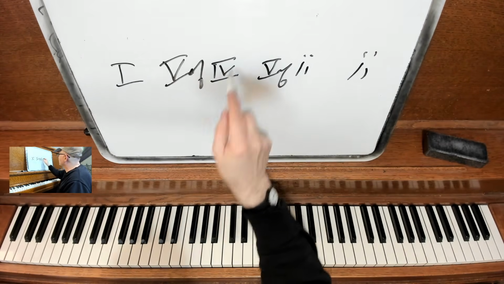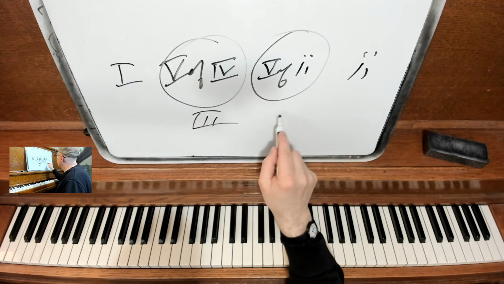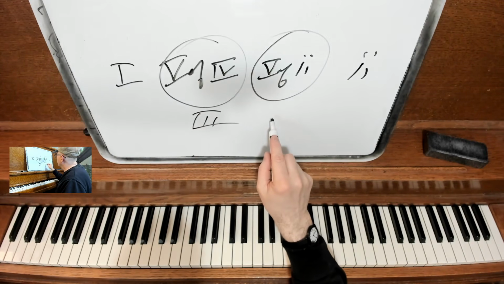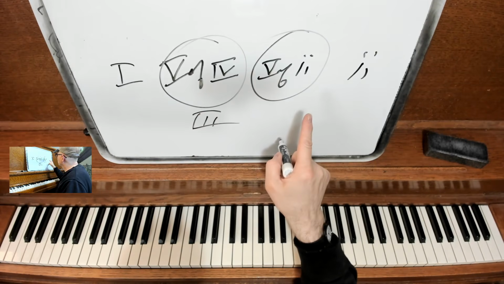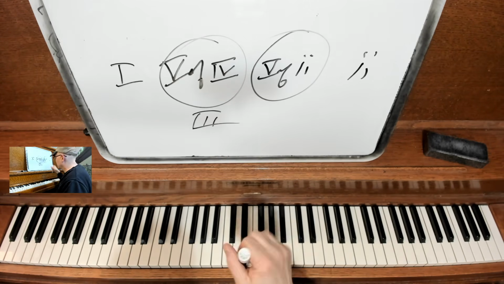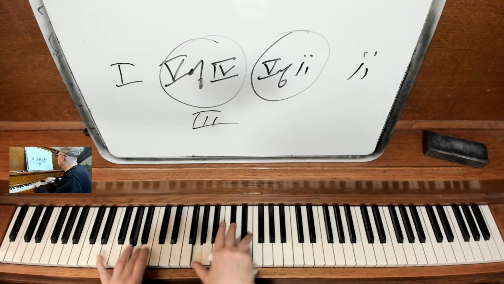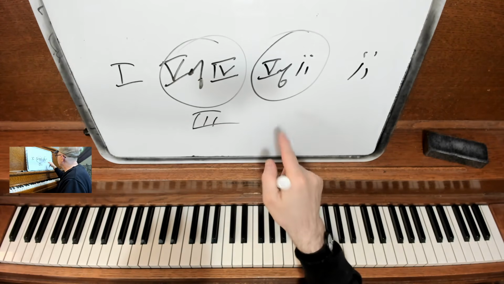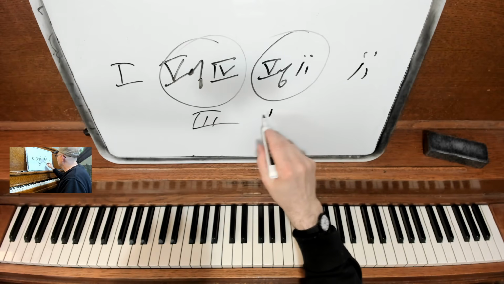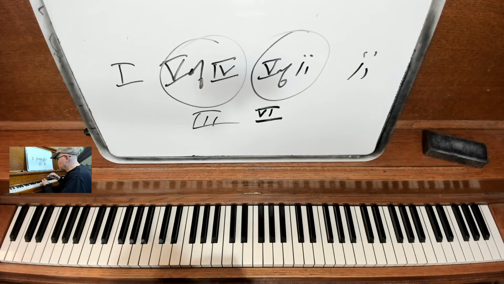If you want to think of this 5 of 6 and 5 of 2 as 3, and this as 6, be my guest. But you can think of it in more than one way.